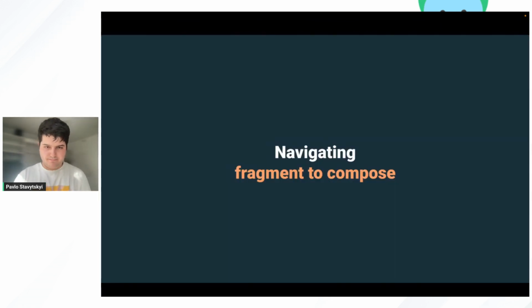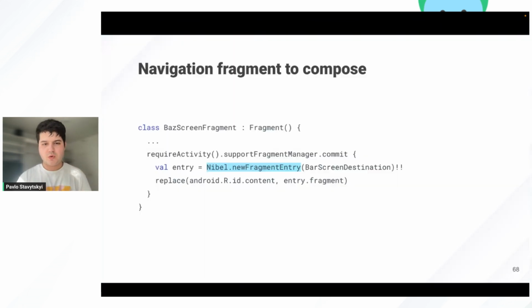and it will figure it out automatically. Okay, when we need to navigate from fragment to compose, we don't have a direct reference to the fragment because it's in a different module. But there is a helper function, so you can just use new fragment entry and give it the destination. Under the hood, it will figure out how to get the correct entry.